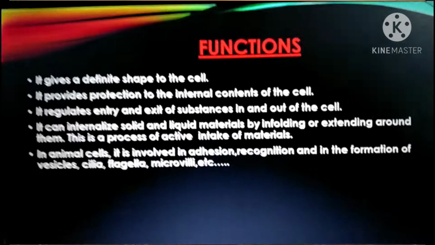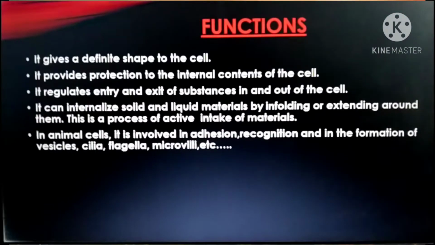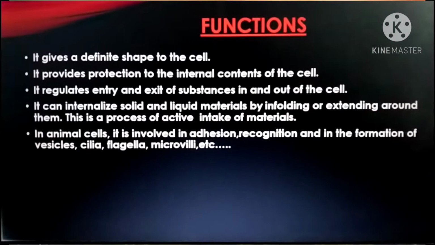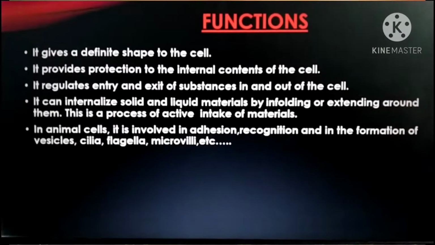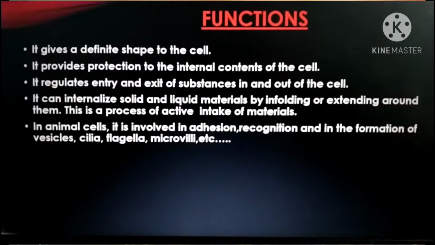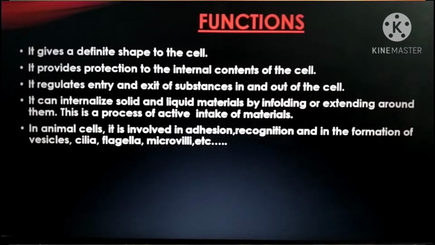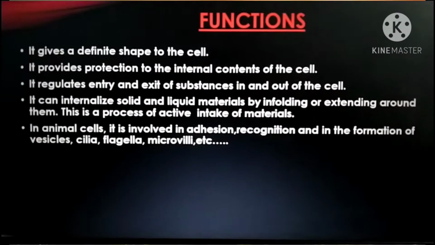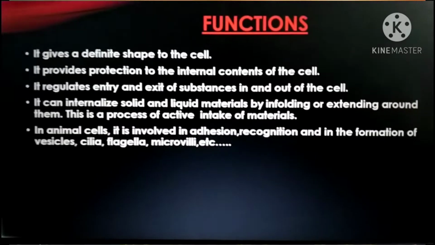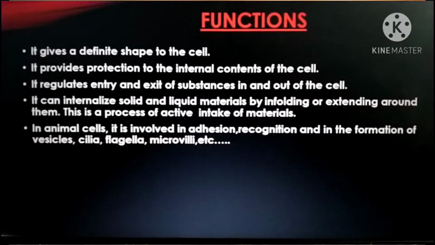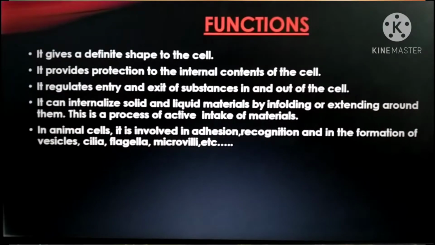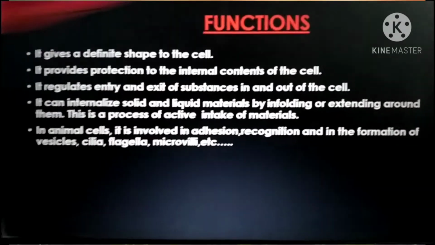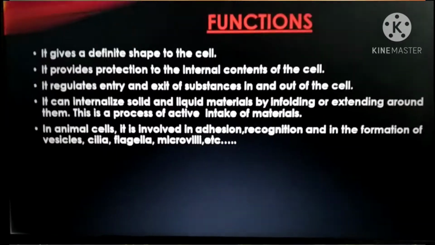Now the functions of the plasma membrane. It gives a definite shape to the cell. It provides protection to the internal contents of the cell. It regulates entry and exit of substances in and out of the cell. It can internalize solid and liquid materials by infolding or extending around them, forming a vesicle, which is a process of active intake of materials.